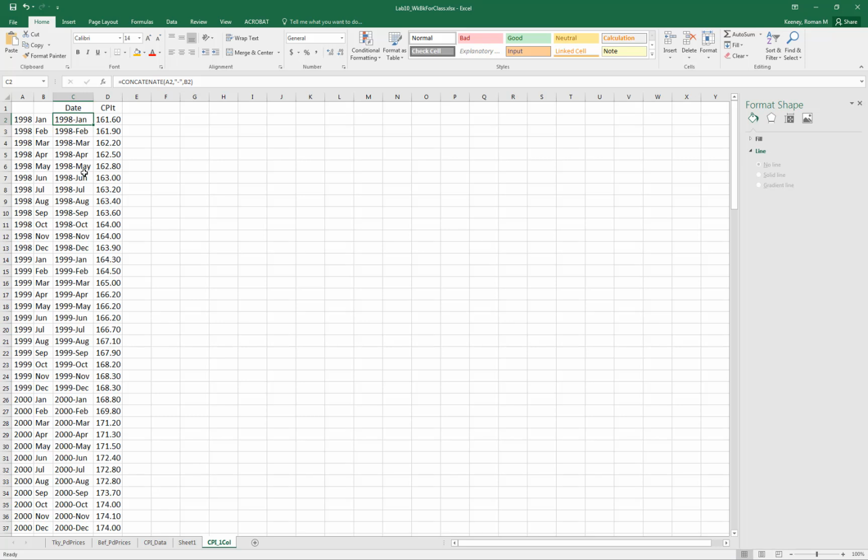That's because we have two components when we talk about the time element here. It's a month and year, so it's January of which year, February of which year, and so we have to do all of those. And then we have the final column here, which is the CPI, or this general price index level from each of the years in the data.